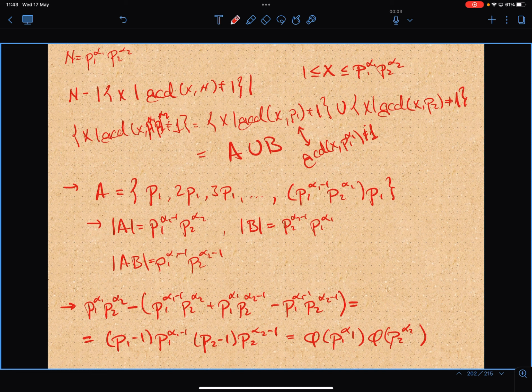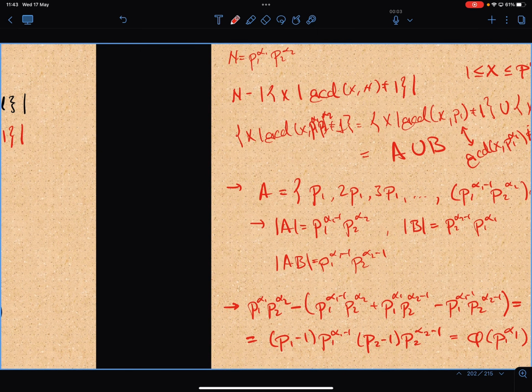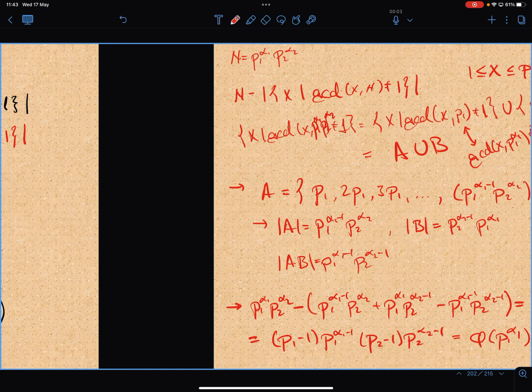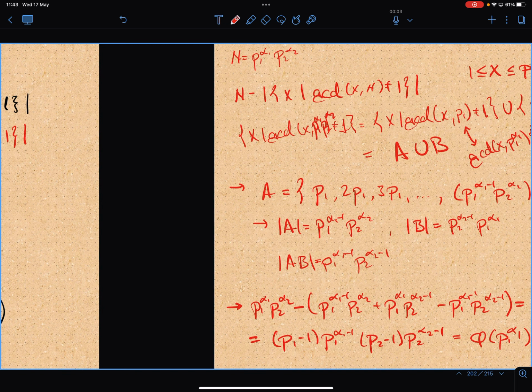Does that make sense? So this is what I wanted you to show, that the phi function is multiplicative.